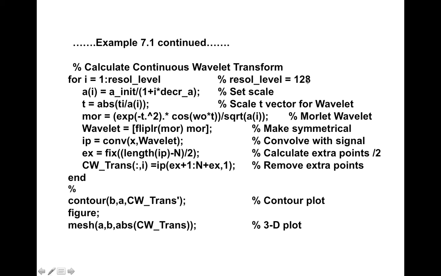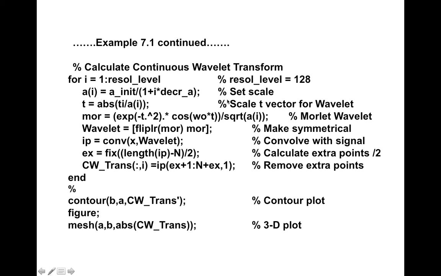So this comment is incorrect. On the previous page, the author actually set the resolution level to be 120. So we're going to start with level 1, and we're going to go to level 120. And then we're going to start with that initial value of A, which was 0.25, and then basically in increments of 1 plus this decrement level, which is what's going to divide it into 128 levels, we're then going to scale.